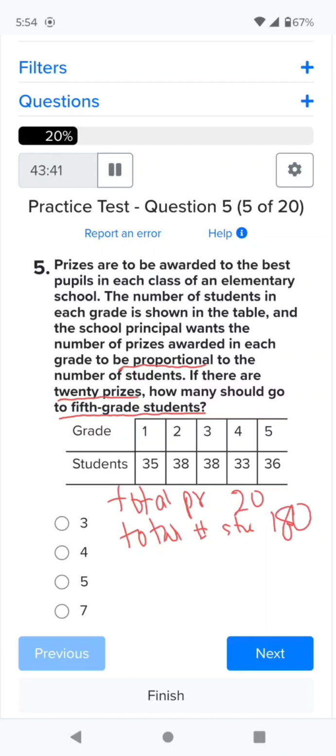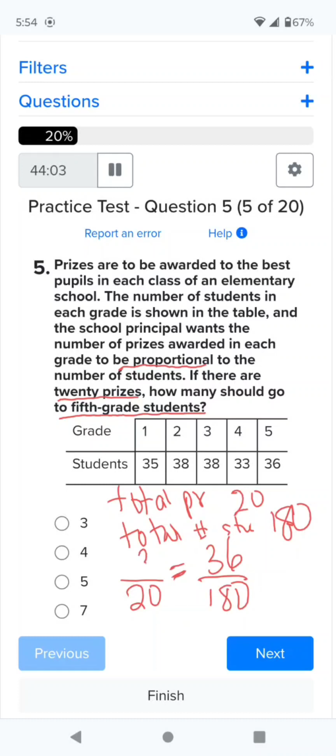Now I'm able to compare the number of prizes I have to the number of students. So I have 20 total prizes, comparing that to 180 students. Okay, so for 180 students, I have 20 prizes to give away. A portion of that is going to go to 5th grade, which is 36 students.